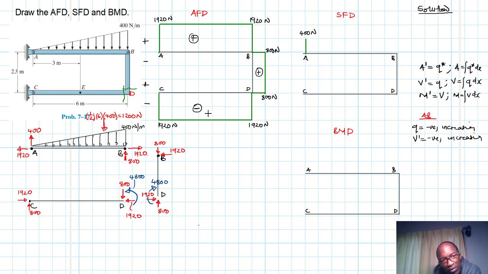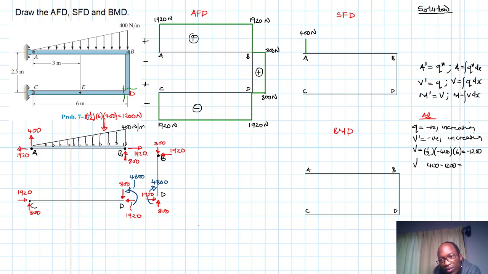Of course, we can work out the area under that, which is just equal to half times the intensity, the largest at the top since that's a triangle, times the length. So this gives us a minus 1200. Therefore the 400 will subtract from 1200 so that we find the destination.